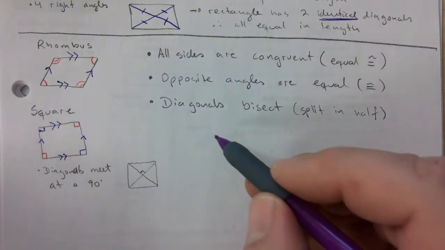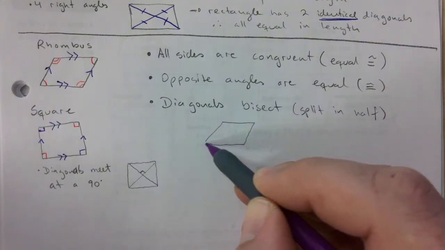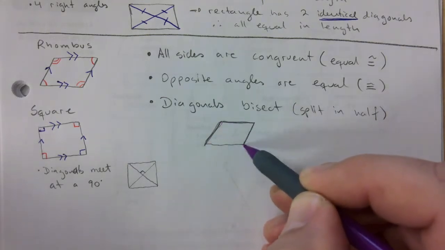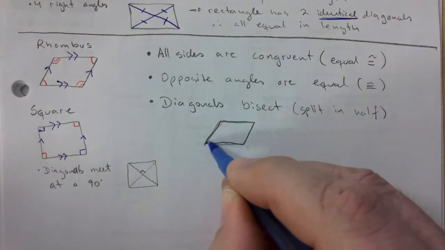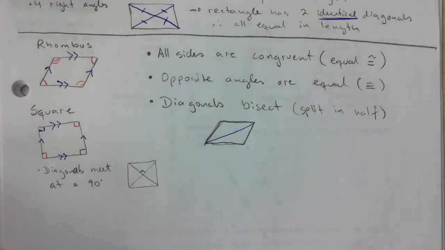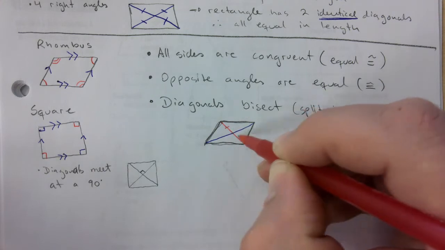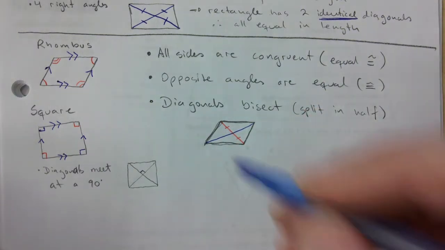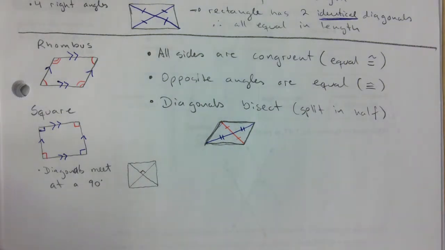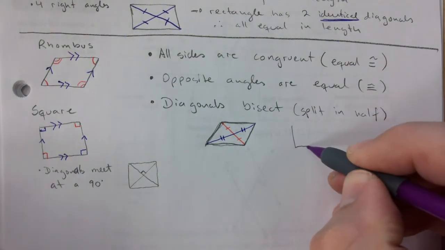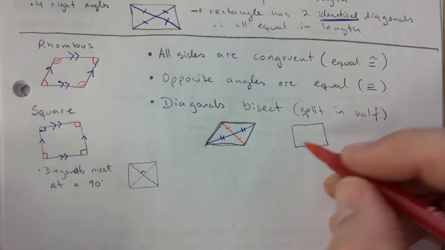And I will just make this here. If you have a rhombus, right, the diagonals there will bisect. So they will cut each other in half, but they won't be the exact same length. With a square, I guess I can just use the same color.